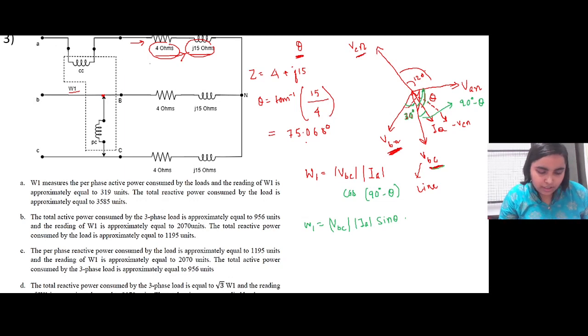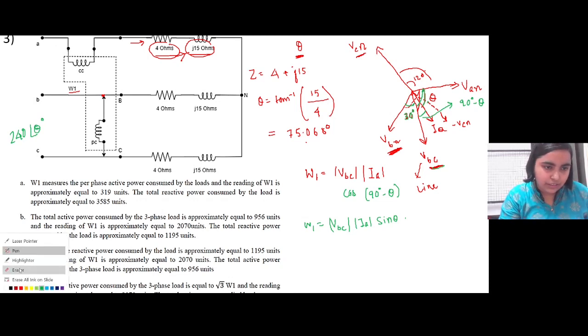So I guess the line voltage is not given here. In the question it was I think 240 angle 0. Maybe I forgot to write it here.